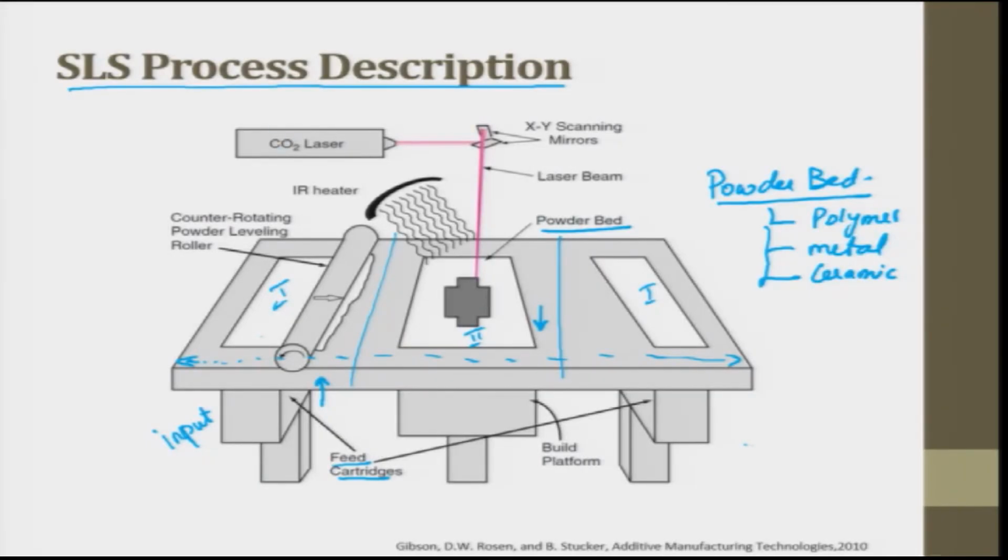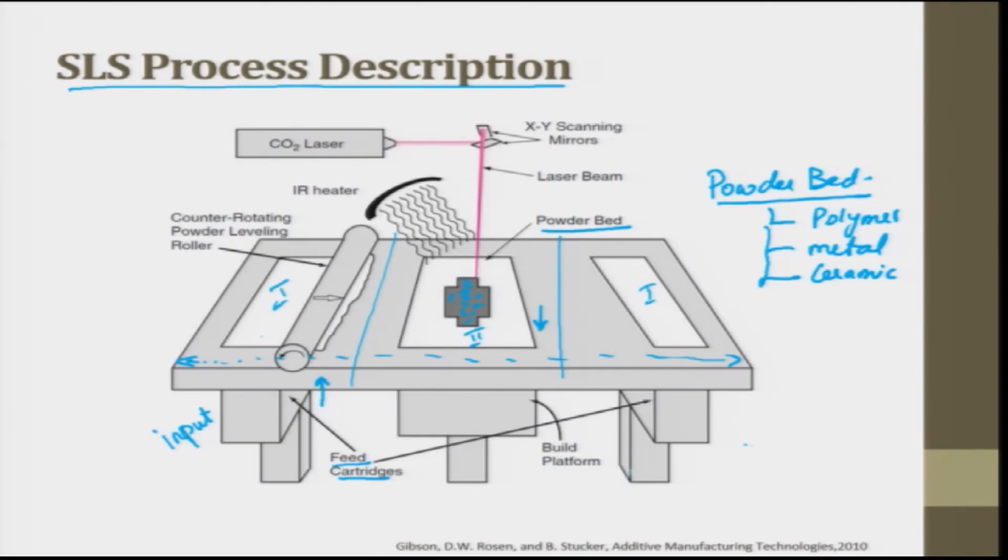The CO2 laser hits a galvo scanner, and this galvo scanner passes the light to hit exactly and selectively on the top surface of the powder bed. When it hits, it does the boundary and also the hatching, the internal hatching. This forms one layer of information.